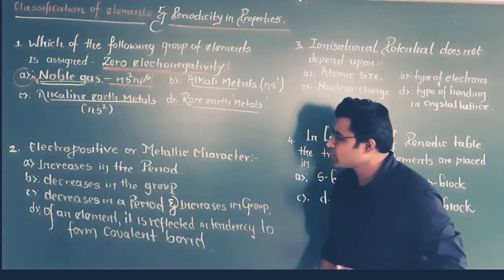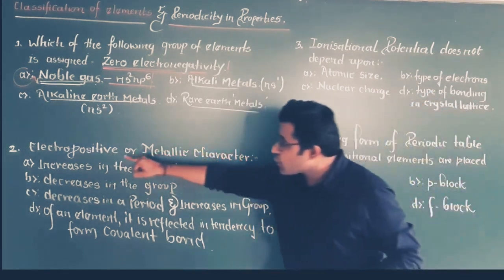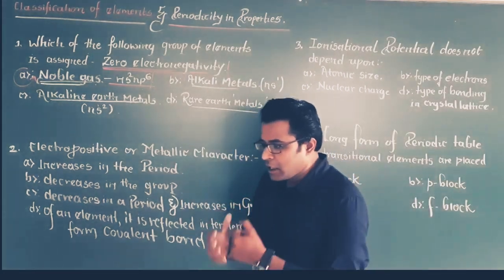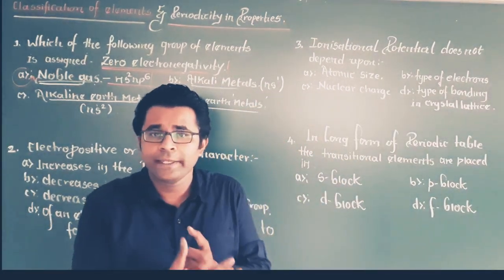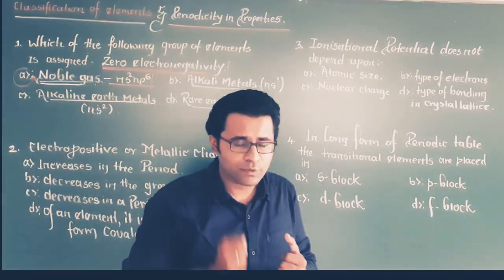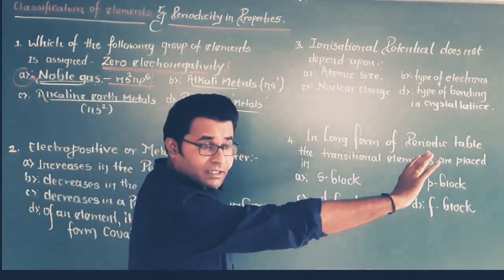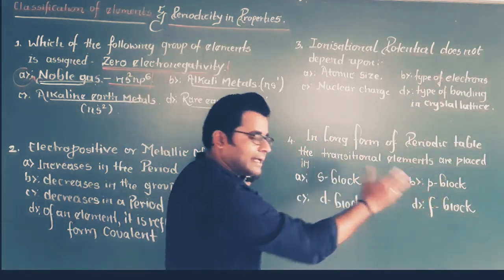Coming forward with the second question: electropositive or metallic character. They are asking how the metallic character varies in the periodic table. We need to understand that as we go from left to right, we have gases at the end, right?